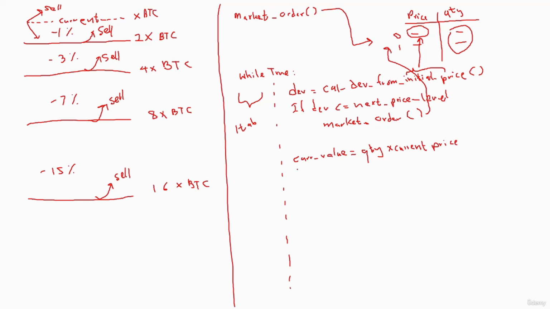We can calculate the initial value by multiplying this quantity with the executed price, then taking the sum. Then we can calculate the profit by taking the difference between current value and initial value.